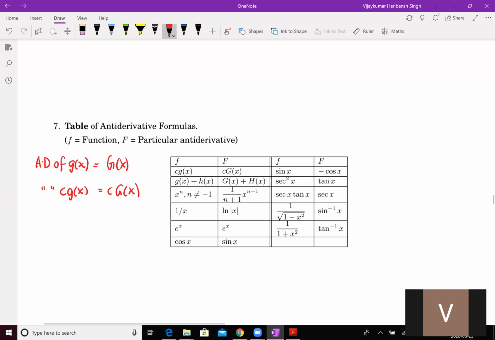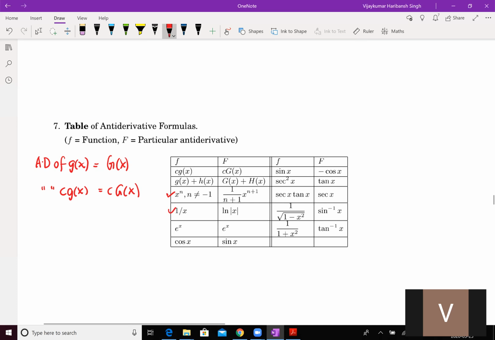If the antiderivative of small g of x is capital G of x, and of h of x is big H of x, then the antiderivative of g of x plus h of x is going to be capital G of x plus capital H of x. This we already saw.